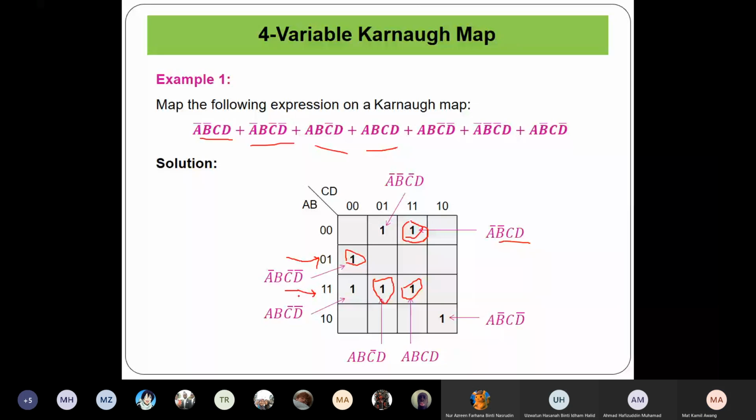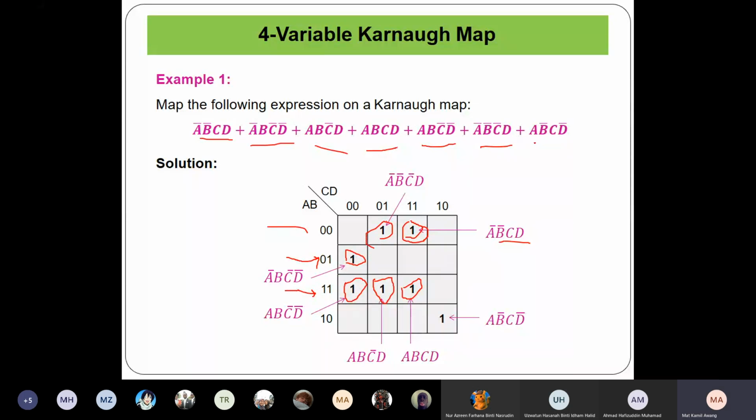A, B is 1, 1. C bar, D bar is 0, 0. So this is the one. You write 1 there. Now you have A bar, B bar, C bar, D. A bar, B bar is here, and C bar, D is here. So you write there 1.